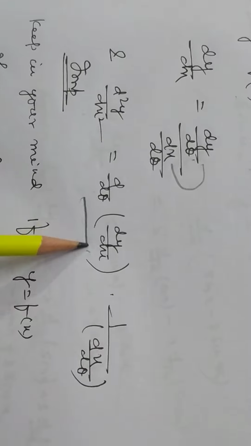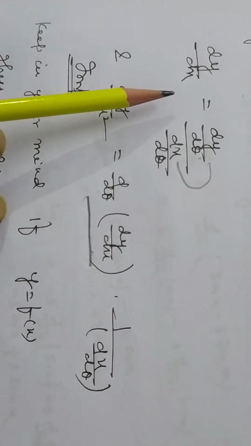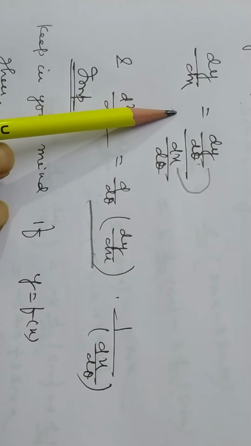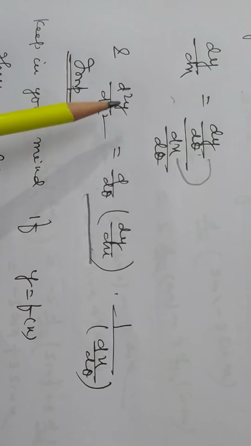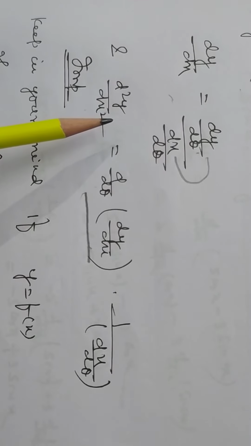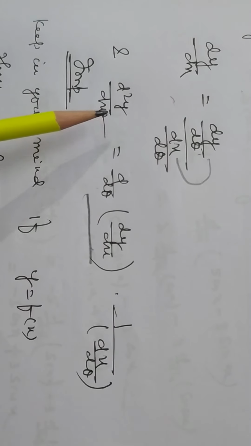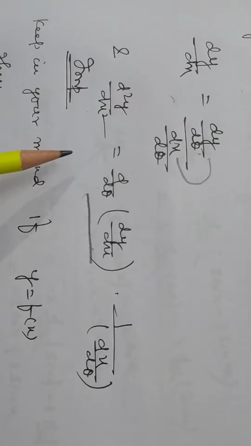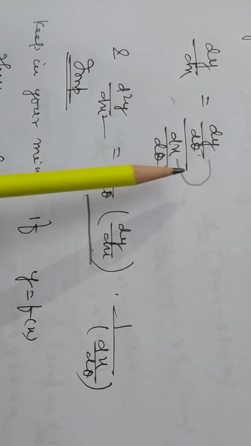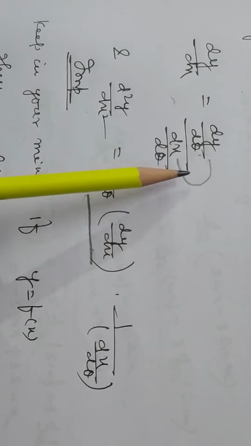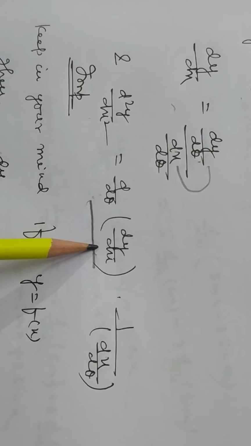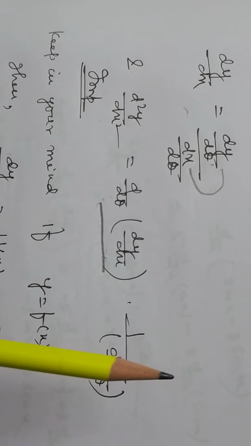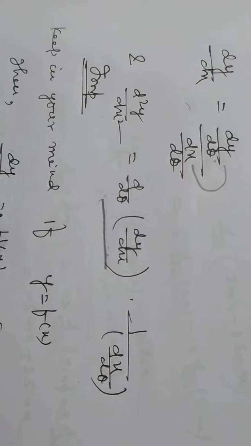Try to understand. If we differentiate dy by dx again, then we observe that it will be d2y by dx square, but here we differentiate dy by dx with respect to theta. So d by d theta of dy by dx, and 1 by dx by d theta.